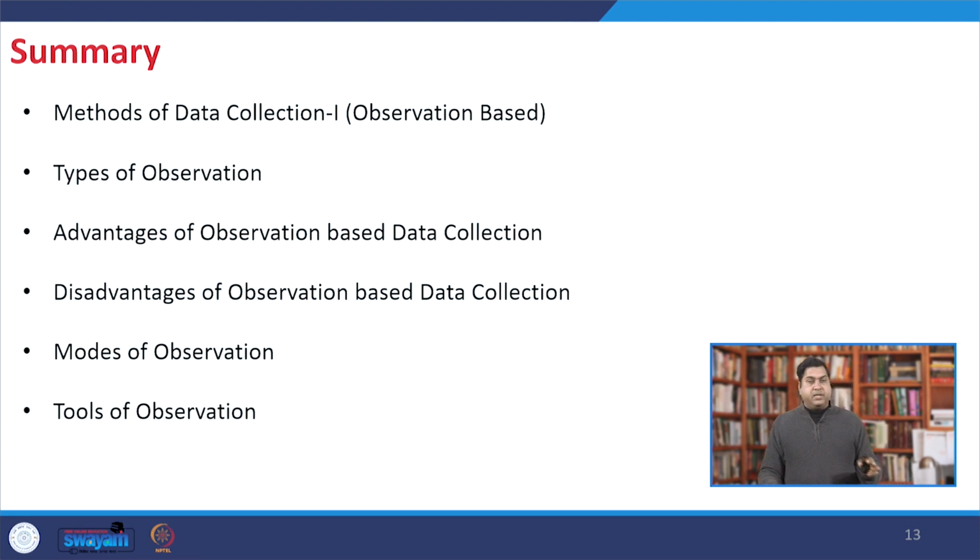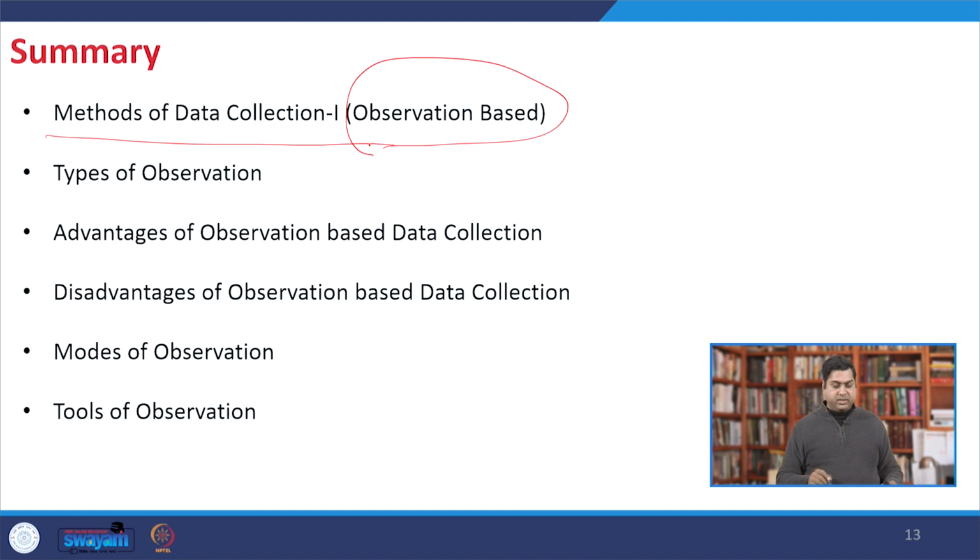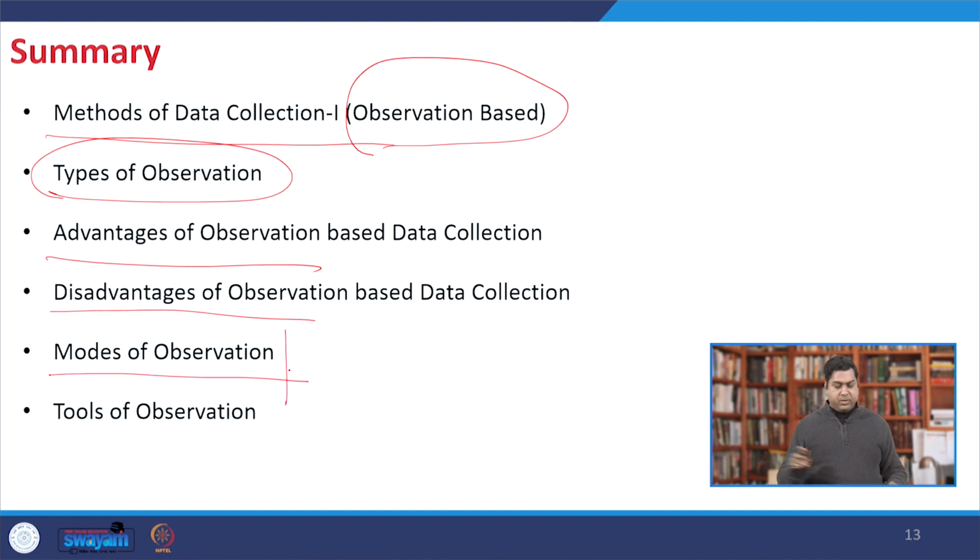So here we summarize this lecture, where we discussed methods of data collection, specifically observation-based data collection, and different types of observation: direct, indirect, participant, and non-participant, along with advantages and disadvantages. We also discussed different modes, like naturalistic, structured, or open-ended. In such cases, you can observe the information without taking a participatory approach from the subjects.